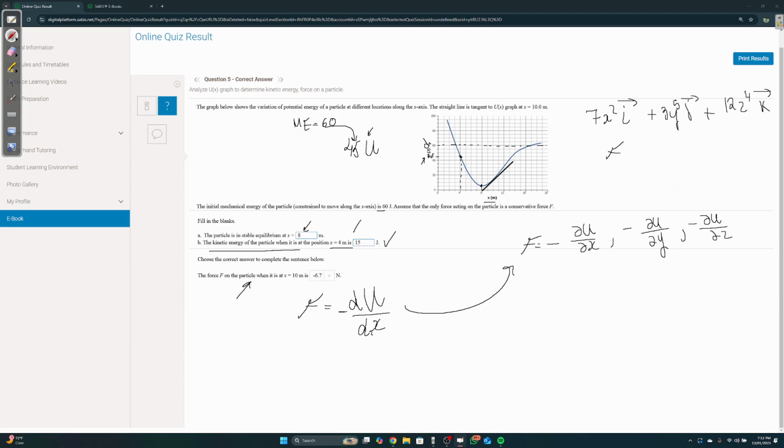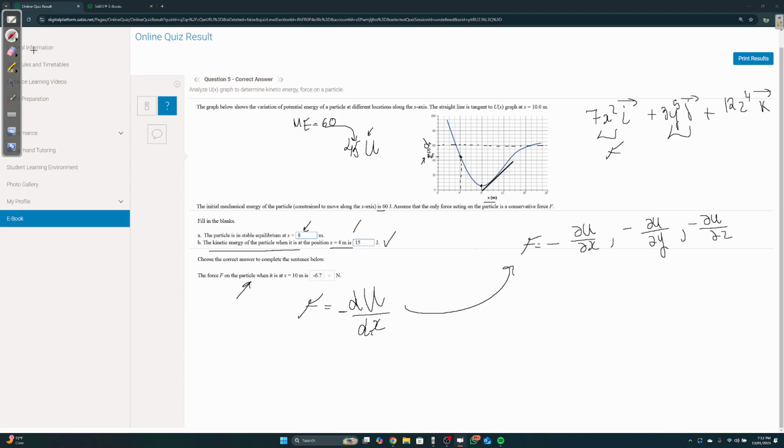If this comes, they ask you to find the force. Simply derive one by one. You can put the negative outside and do it, or do negative, whatever you want. It's fine. This is just a quick formula I wanted to give you in case it comes.